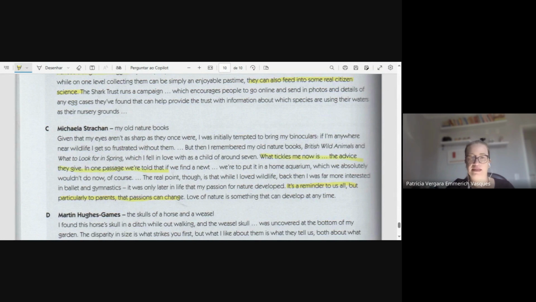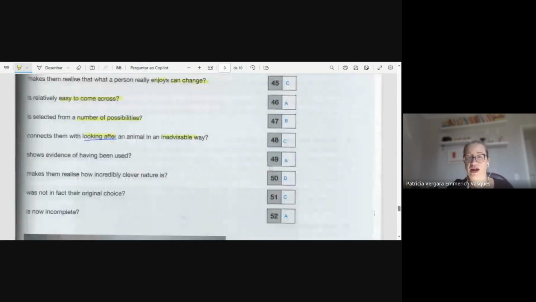In one passage, we're told that if we find a newt, we are to put it in a home aquarium, which we absolutely wouldn't do now, of course. So they are saying that if you find one, you have to do something, but they don't agree. Okay, so that's what they are asking in number 48, right?